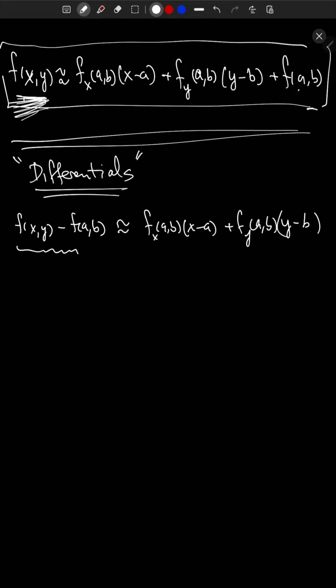If you think about this left-hand side, this is how much your z coordinate, or the value of your function, changes as you move from the point a comma b as your input to the point x comma y as your input. Okay, so we can call that, for example, delta z, right? How much the z coordinate changed, or delta f. But let's use delta z.